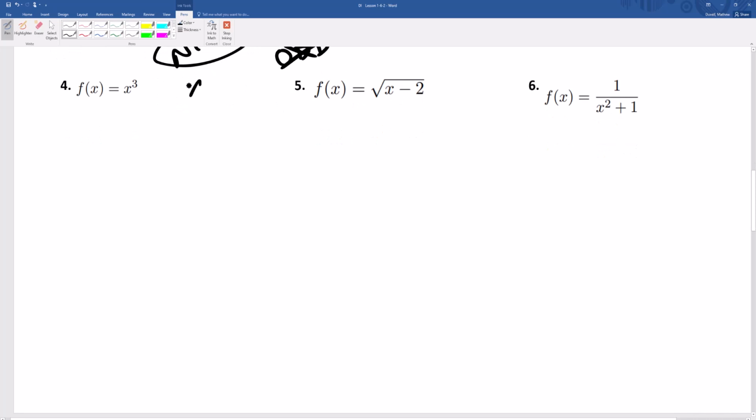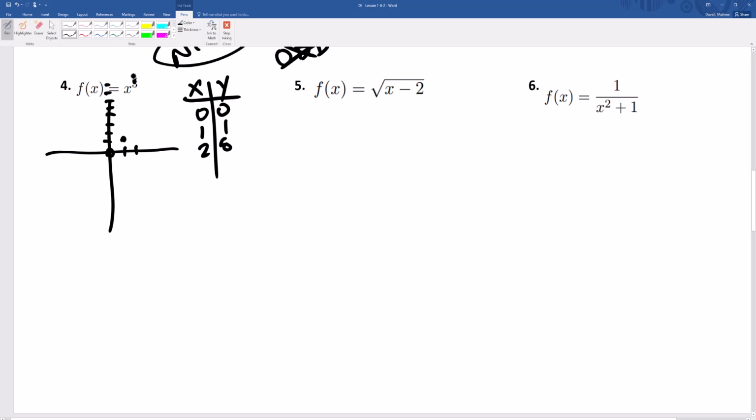For this one right here, create your table. I picked 0, 1, and 2. Plug in 0, plug in 1, plug in 2. Start graphing it. 0, 1, 2, 8. Okay, that's kind of doing something weird.